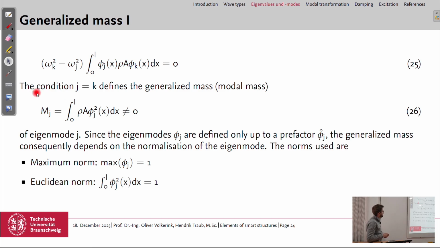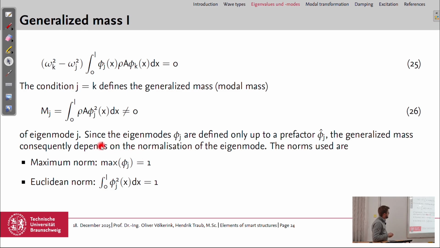Then this integral at the end is not equal to 0, because this one equals 0, and this is the definition of the generalized mass in the modal description. We will have a look at a few slides further where we will use it, why it's important.